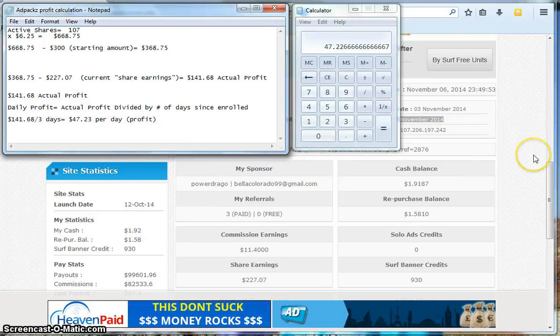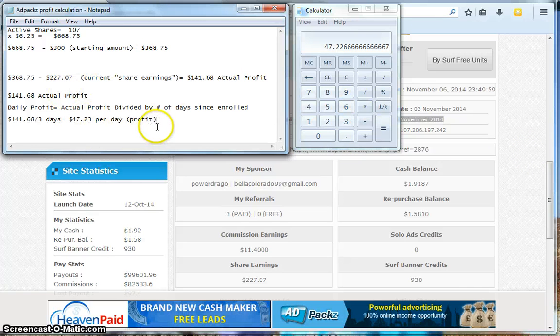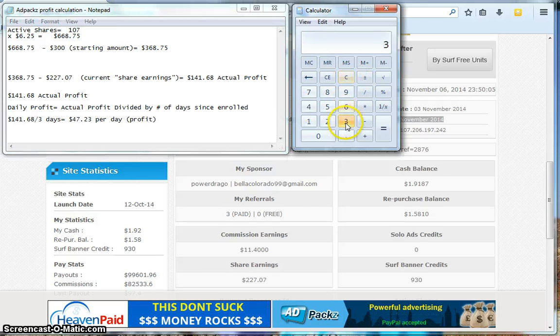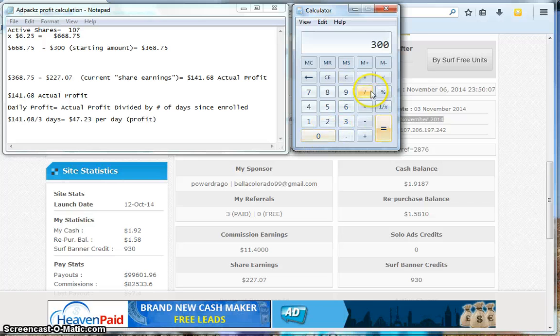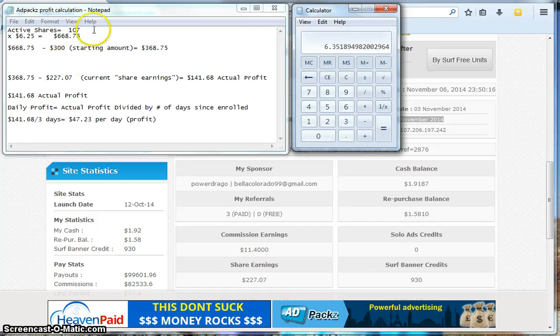If you're familiar with this and some of the other advertising platforms out there, this is maturing quite nicely and in a very short period of time. Take it one step further. If I take 300 and divide that by 47.23, that tells me about how many days it takes for that starting amount of shares to mature.